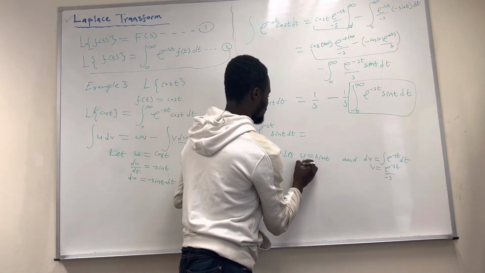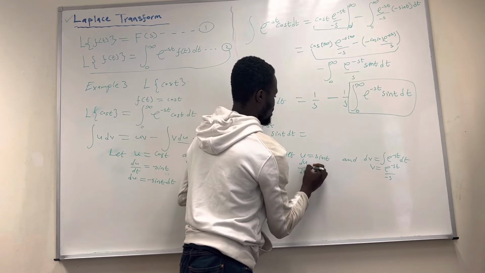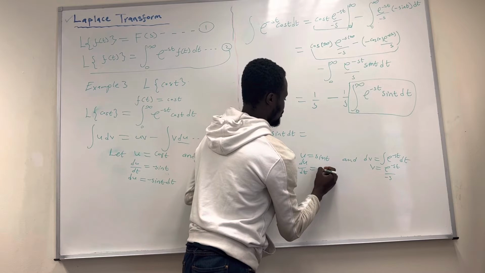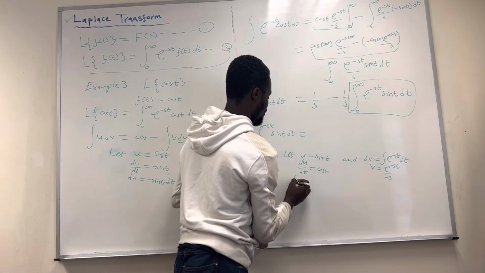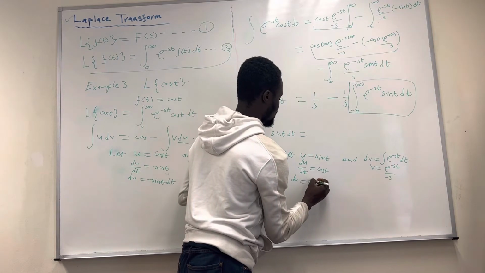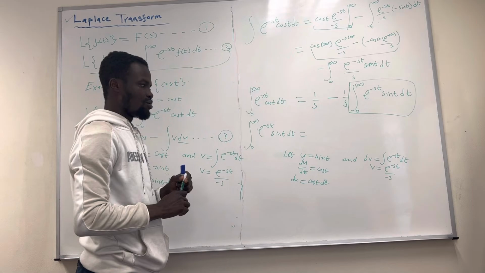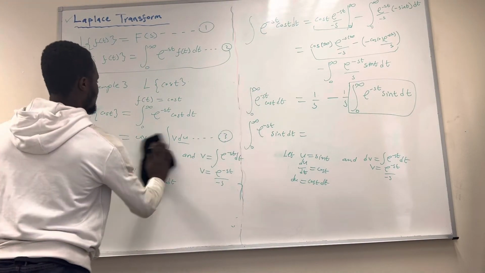So here our du/dt is equal to cos t. Okay, so our du is equal to cos t dt. Okay, good. So this is what we are going to do next.